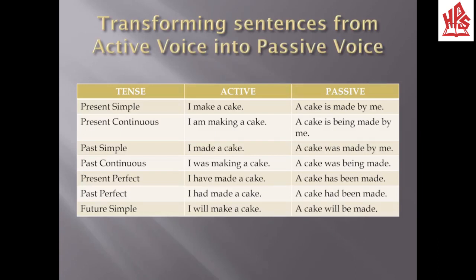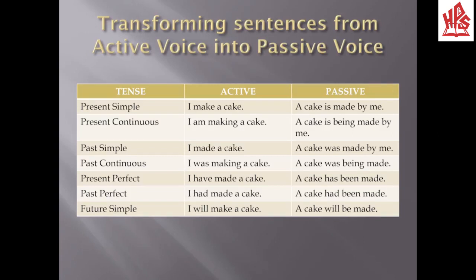We will change was with ing form into was being in past continuous. In present perfect, you can see that the helping verb will remain the same, but one additional thing will be been. In past perfect, it's the same: had will remain the same with been. In future simple, will comes as it is, but one thing will be additional and that is be.